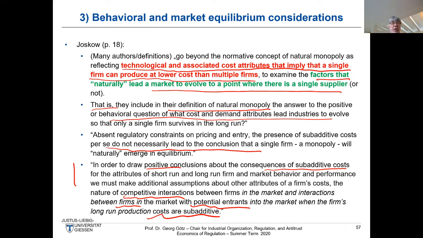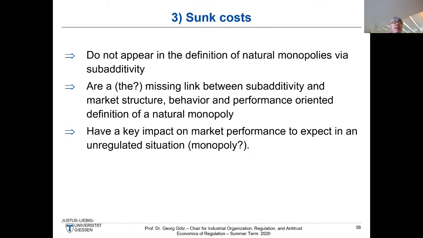Nevertheless, for many industries we look into, in a general discussion, we always speak of natural monopolies, when we talk about the utilities, electricity companies, and so on. The reason why that is the case is what we turn to next, namely sunk costs. Sunk costs do not appear in the definition of natural monopoly.